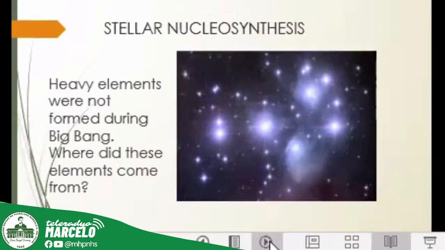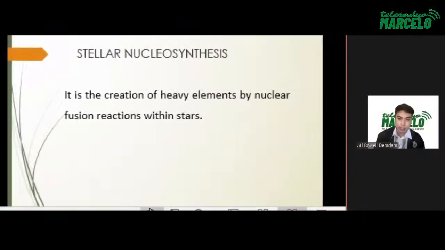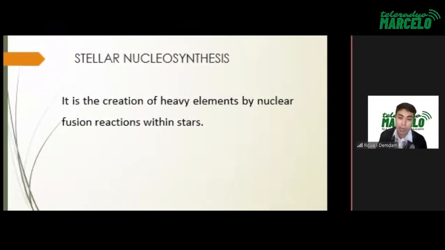Okay, so after the Big Bang, most of the elements in the universe were produced by the stars in the nuclear fusion reaction at their core. The process is known as stellar nucleosynthesis. It is the creation of heavy elements by nuclear fusion reactions within the stars.